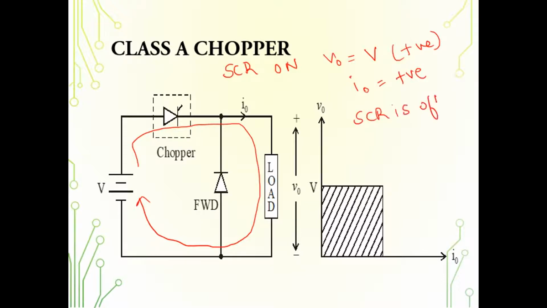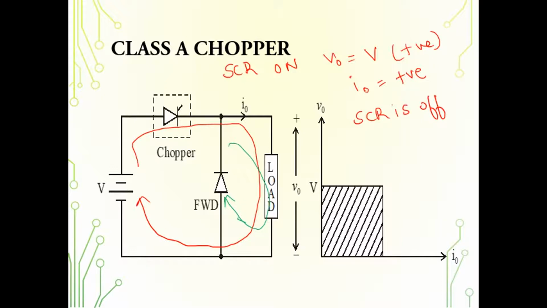Now when the SCR is off, what will happen? No current flows through it, and this inductive load needs a path for the current flow. It will flow through the diode. So the freewheeling diode conducts and the current moves in this direction.